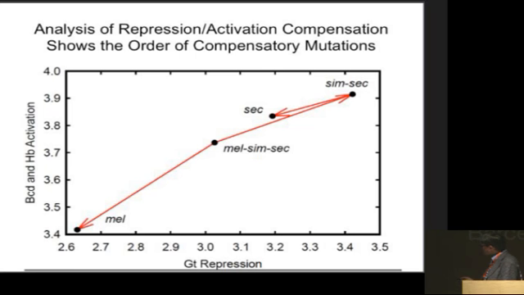Towards melanogaster, both repression and activation go down. But as you go to the SimSec ancestor, both activation and repression have gone up, and evolution is stochastic. It goes back down again for Seychellia. So this you really need resurrected enhancers for.